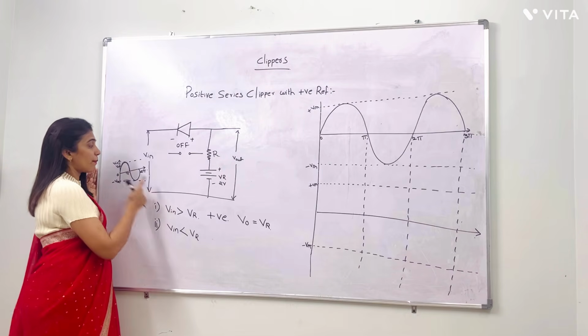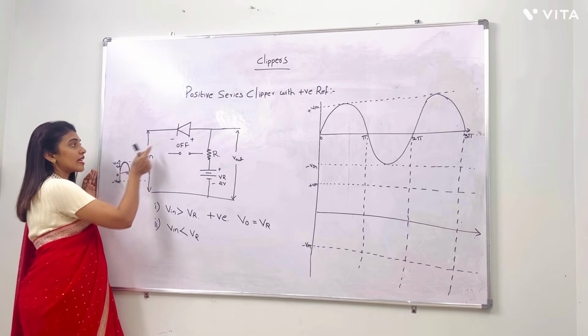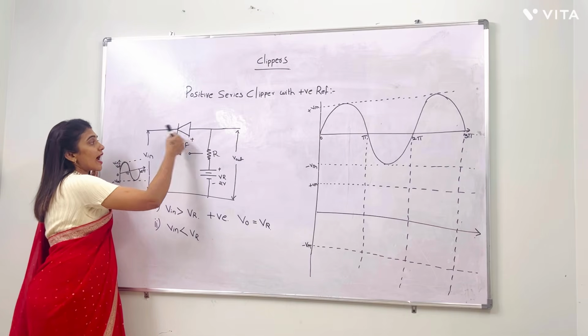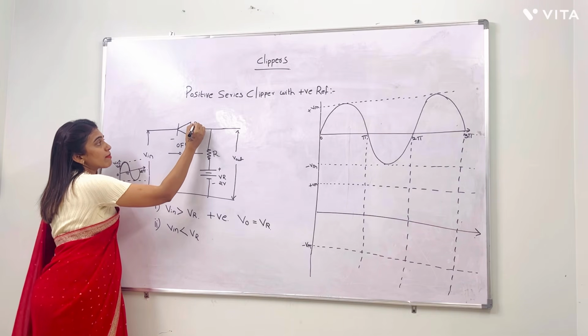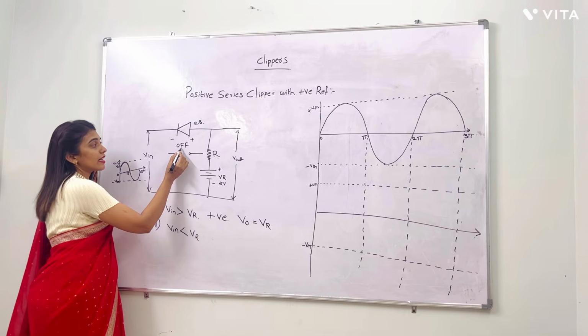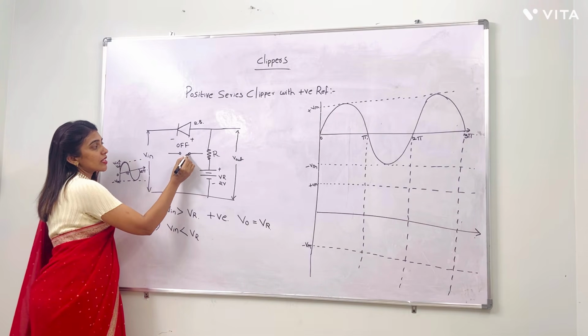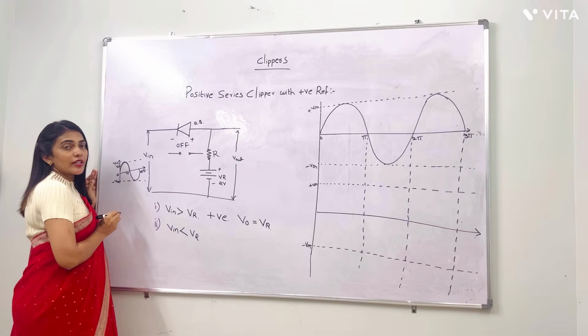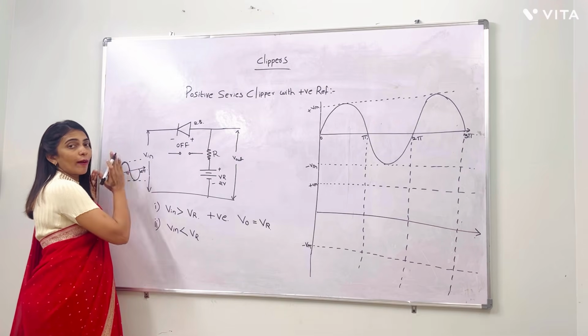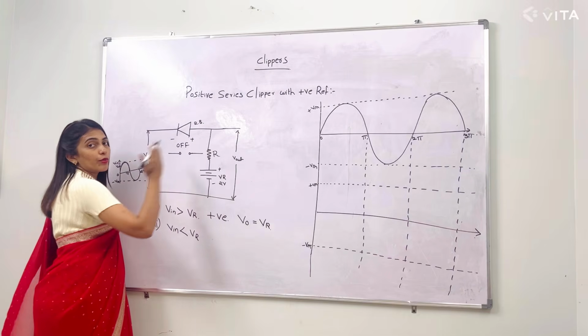This positive peak is given to the negative terminal of the battery, so the diode is in reverse bias condition. When it is in reverse bias, it acts like an open switch. So the input voltage is not allowed from the input side to the output side.